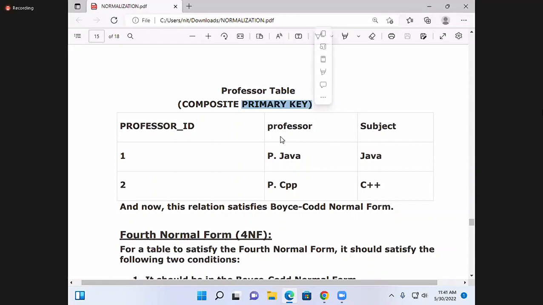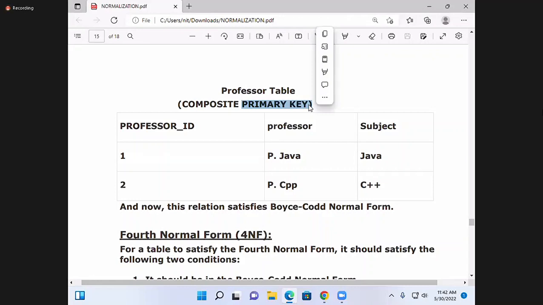Now reversing the order: A depends on B, and A should be a super key. Previously subject was the primary key and professor was a non-primary key, a non-super key. Now I apply the primary key on the professor column instead of the subject column. So professor depends on subject, and professor is the primary key, which is a super key.